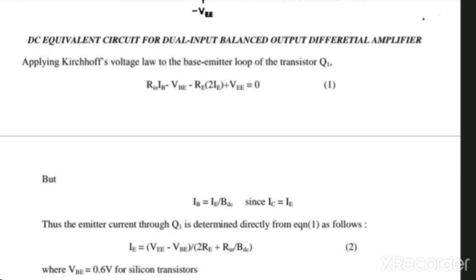Applying Kirchhoff's voltage law, the equation can be written as minus R input IB minus VBE minus RE 2IE plus VEE equal to 0.